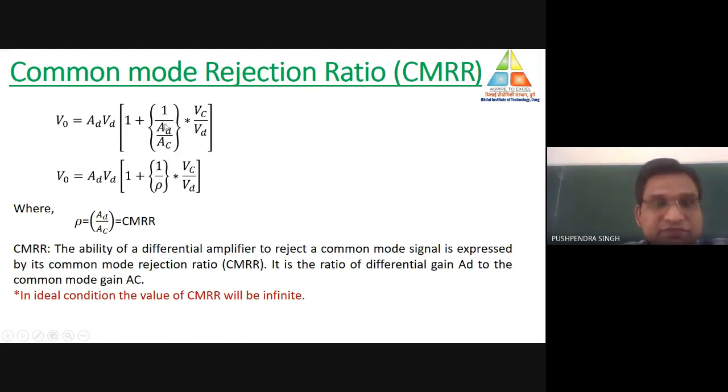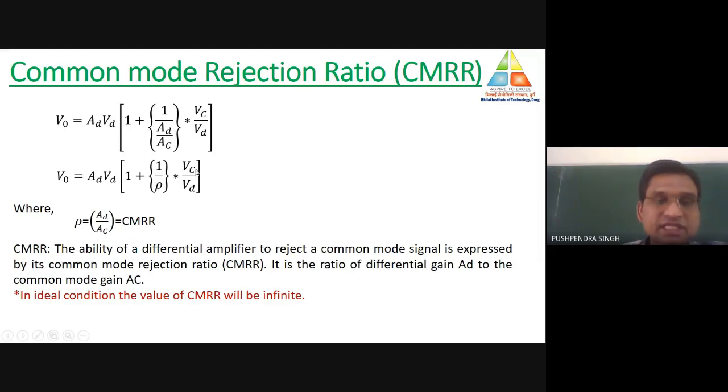Why have I chosen this particular term AD by AC? Because this is nothing but the CMRR. The ratio of differential mode gain to the common mode gain of the circuit is called CMRR, and based on that the complete expression of the output can be written as AdVd times 1 plus 1 by rho, where rho is CMRR, into Vc by Vd.